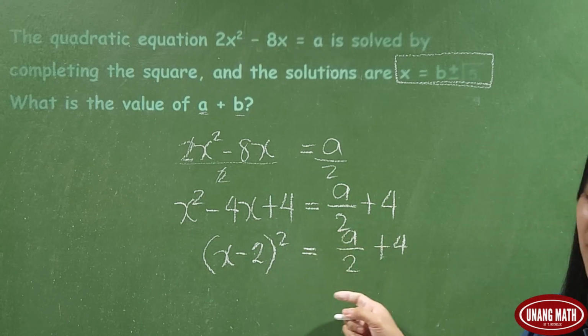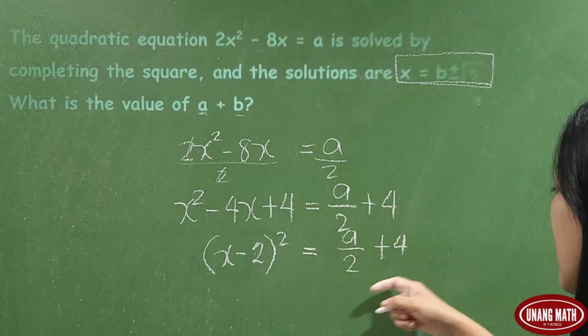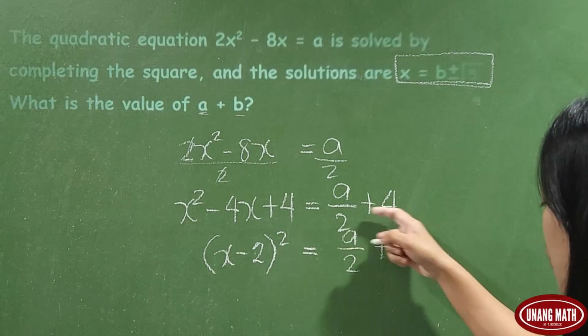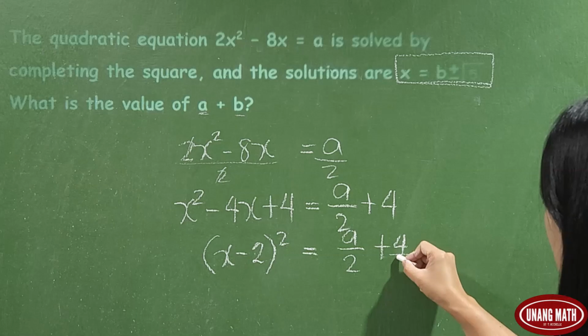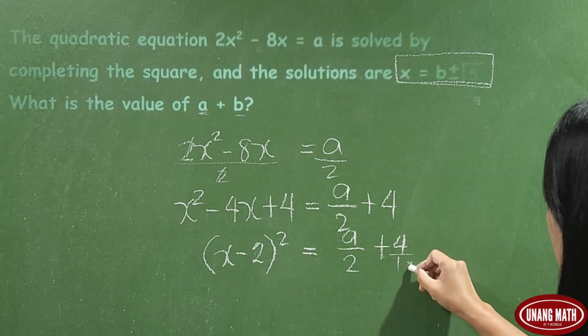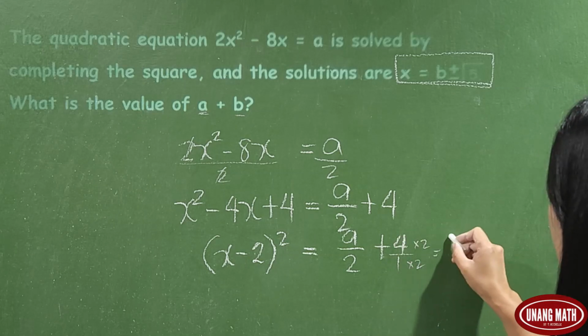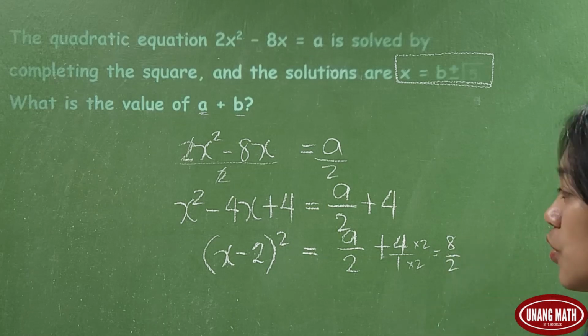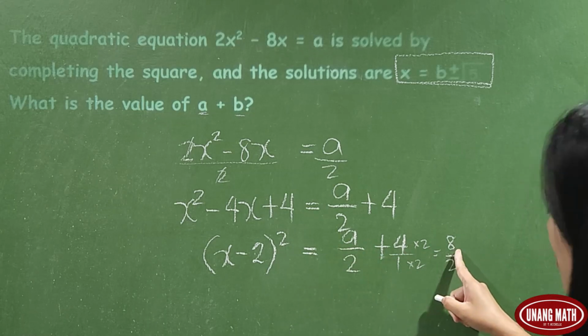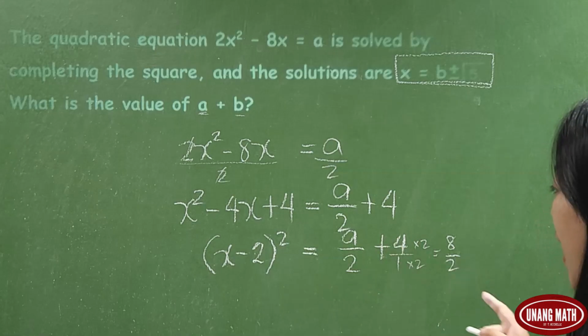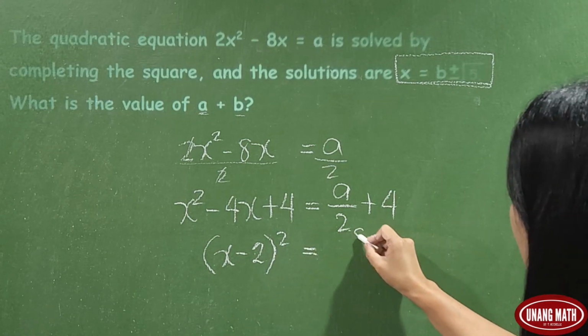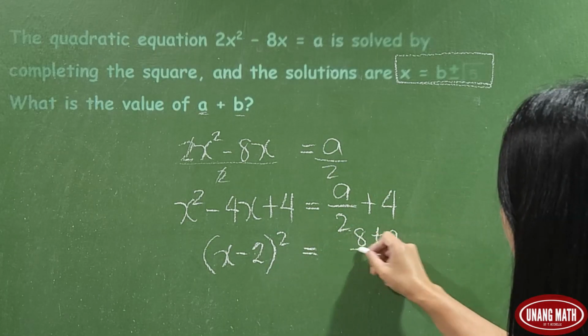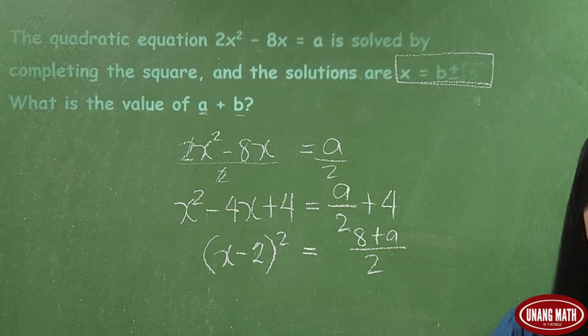Okay, for the expression on the right side, this is 4 over 1 times 2 over 2, so this is then 8 over 2. Or we can write this one as 8 plus a over 2.